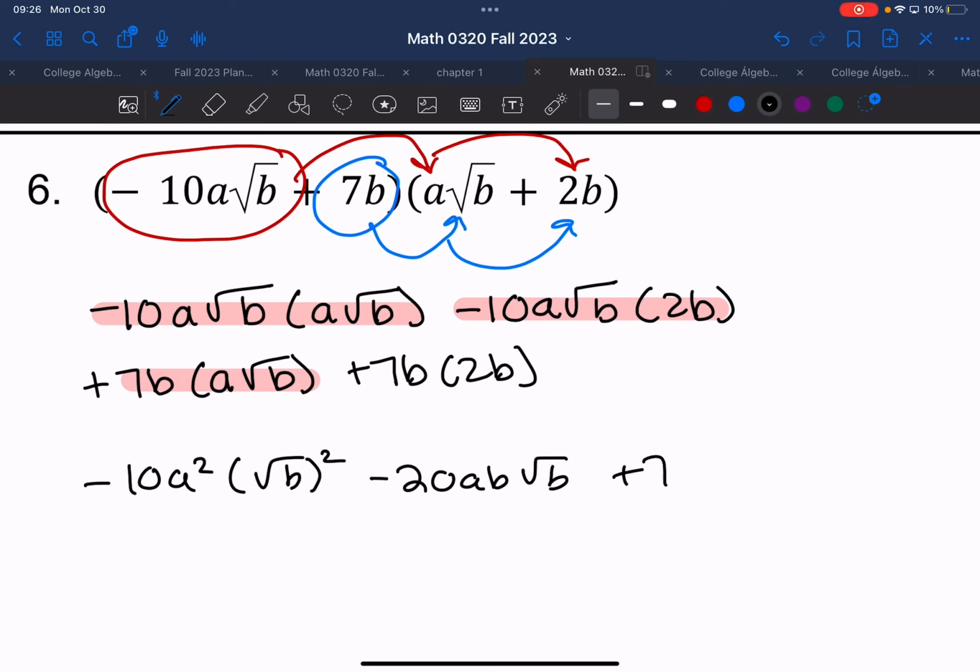So plus 7ab square roots of b. And then lastly, we have 7b times 2b which is going to be 14b squared because there's two of them.